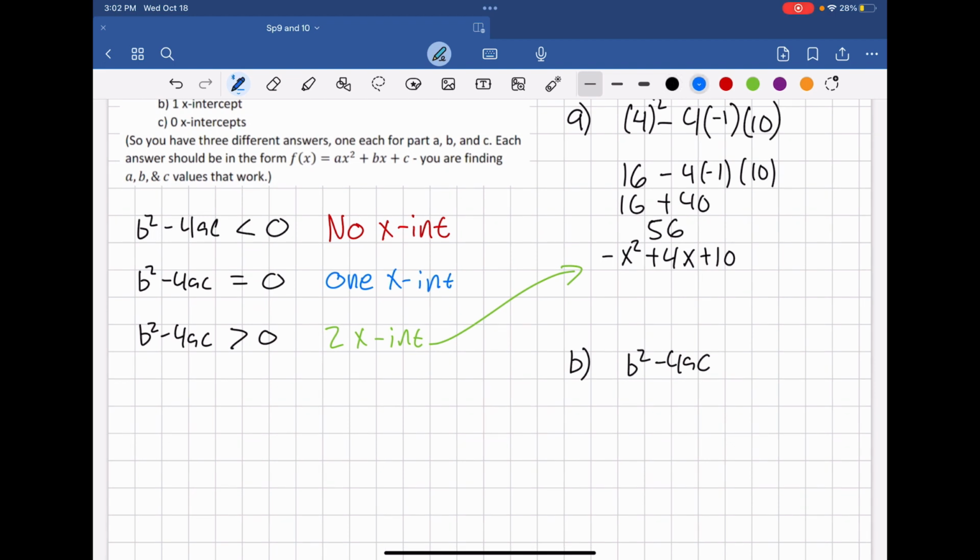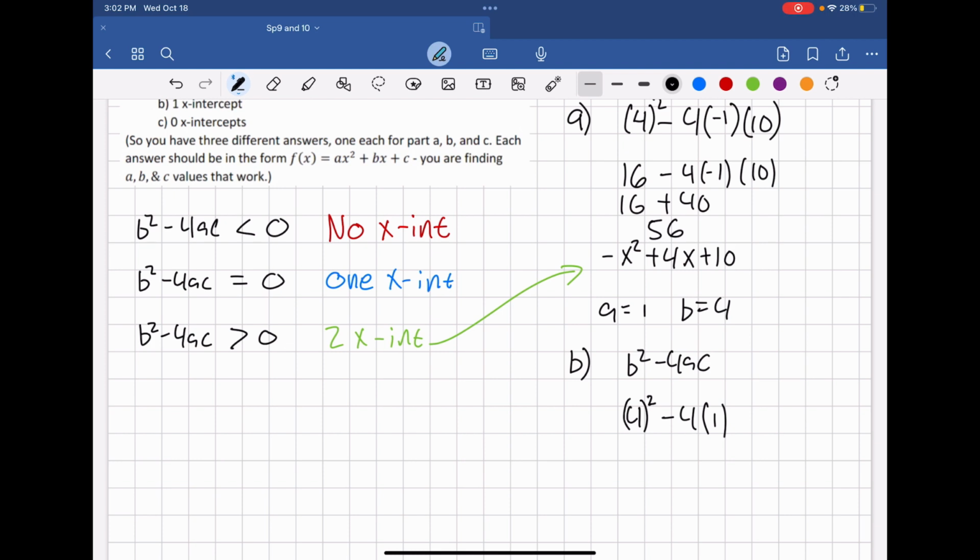Well, let's just keep 4 for our b value. So 4 squared minus 4ac. What can we choose for a? So we have b is equal to 4. I'm just doing this off the top of my head, so let's just keep a at 1 and see if I can't make one that's equal to 0.